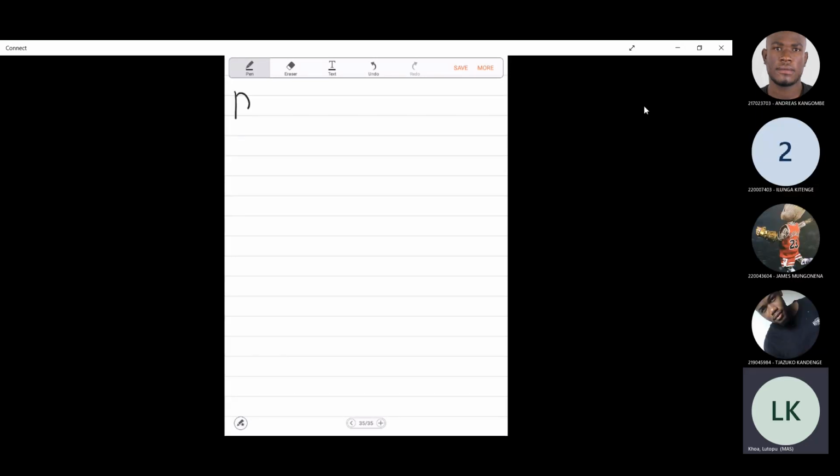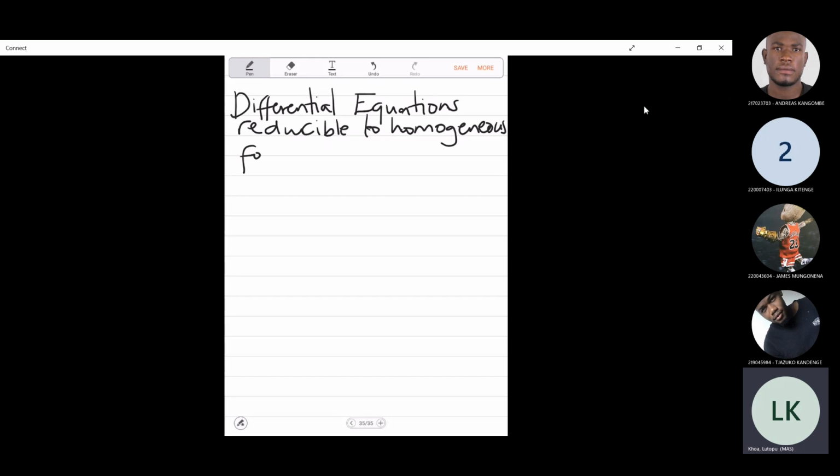So these are differential equations that are reducible to homogeneous form. And these will have linear coefficients.